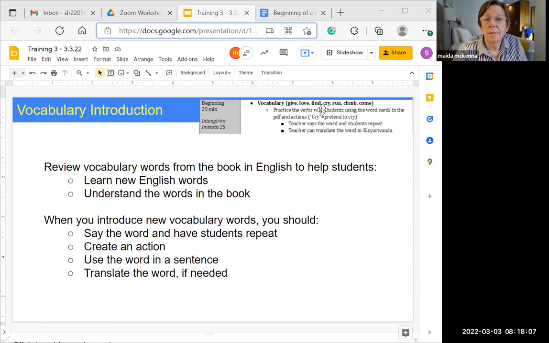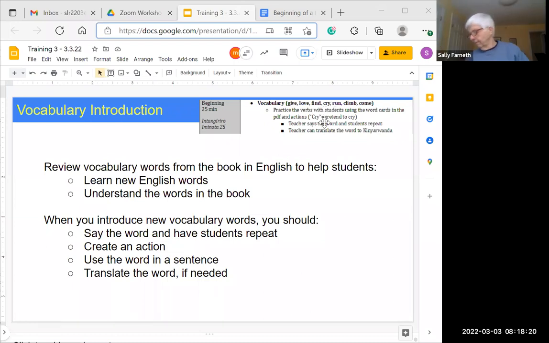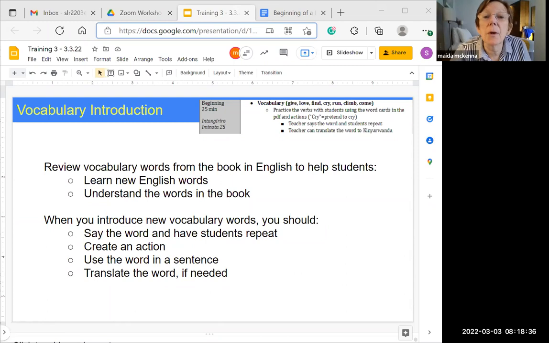Find. I need to find my cell phone. It's missing. I can't find my book. Oh, here it is from last week. And I need to find my notebook to take notes. So I need to find my notebook.